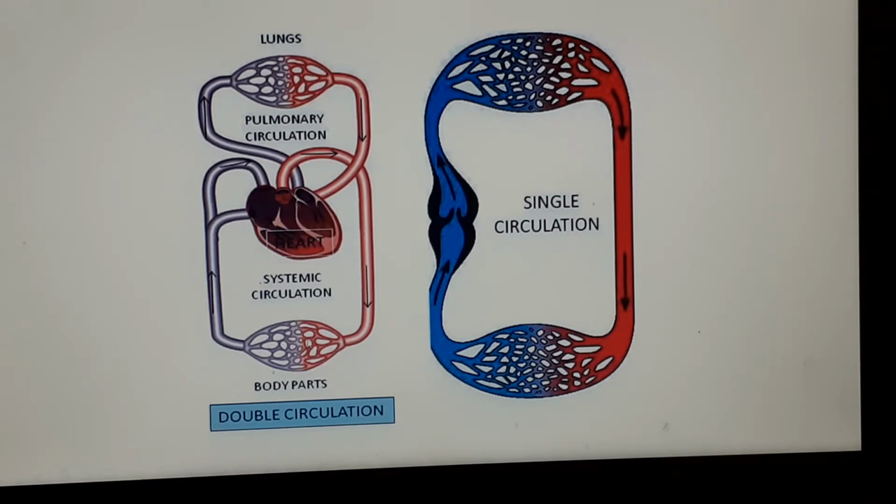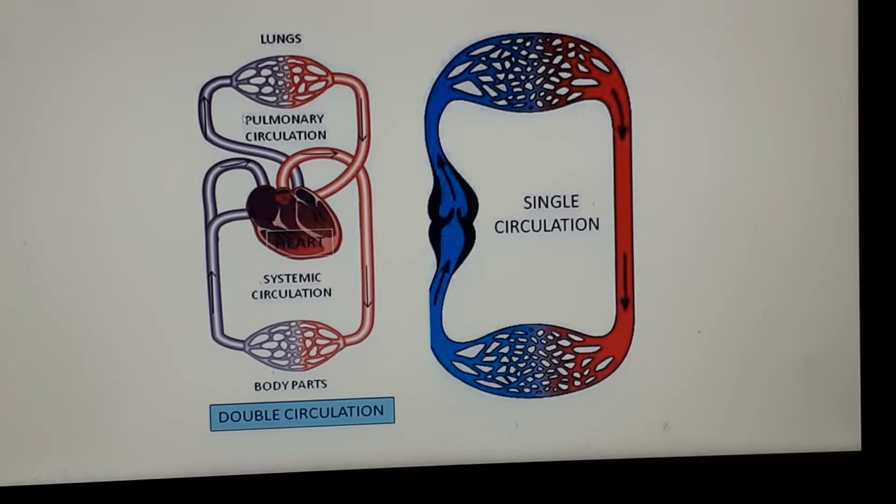The aorta goes on reducing its size and mixes with all the body parts, and the cells get the nutrients. Then these capillaries form bigger vessels and become veins. They carry the impure blood to the heart.